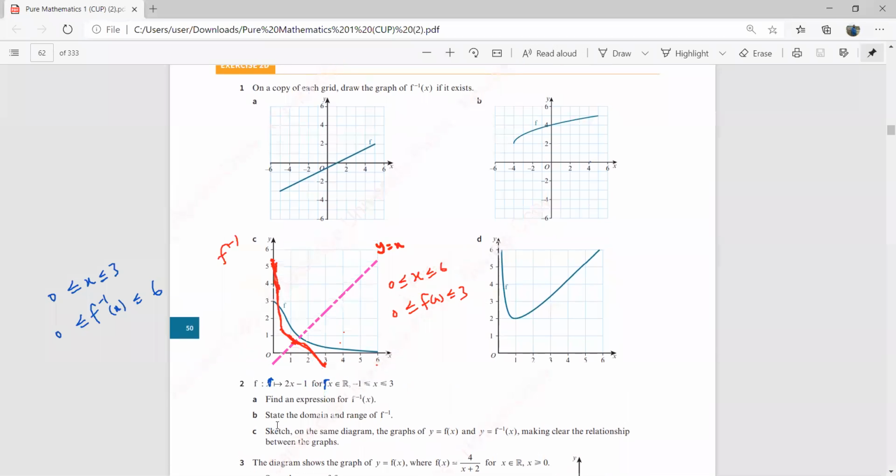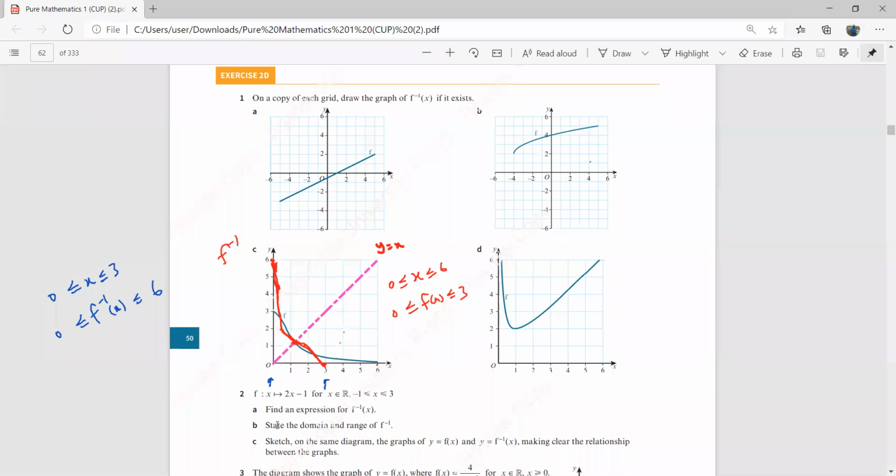I can repeat what I have said here, that I have reflected this curve. First of all, I had the line y equal to x, and then I have shown here that the domain for the function is the range for the inverse, and the range for the function is now the domain of the inverse of this function.